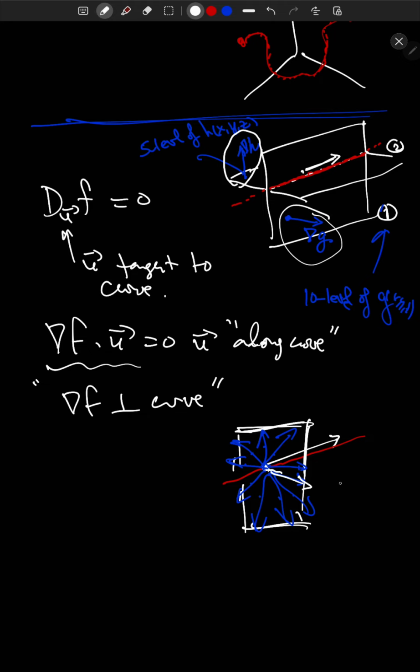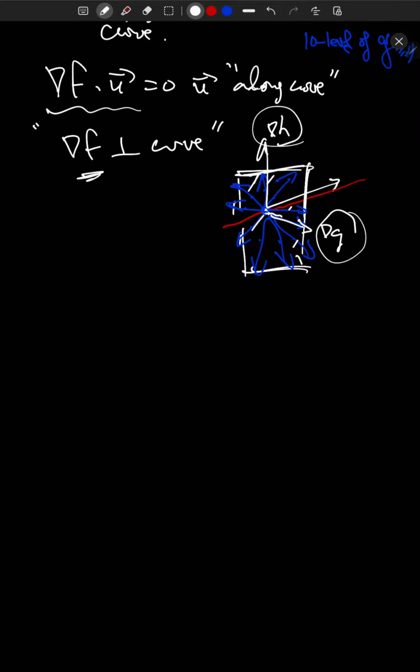For example, gradient g might be here, gradient h might be here. If gradient f is to be perpendicular to the curve, it has to be on this plane, and all vectors on this plane can be written as a linear combination of gradient h and gradient g. That's a tiny bit of linear algebra.